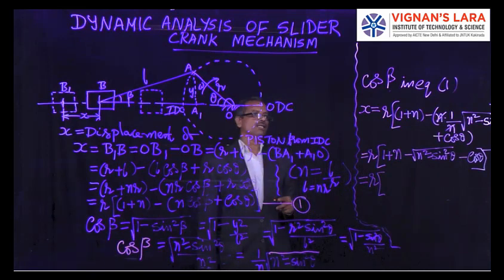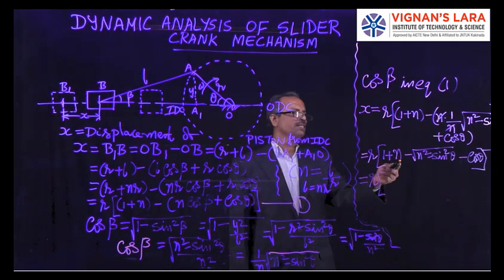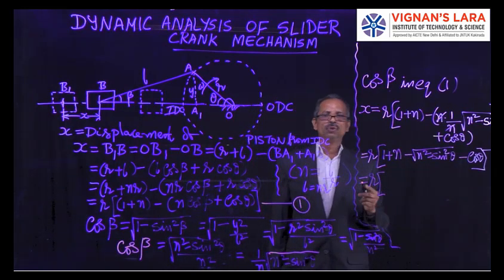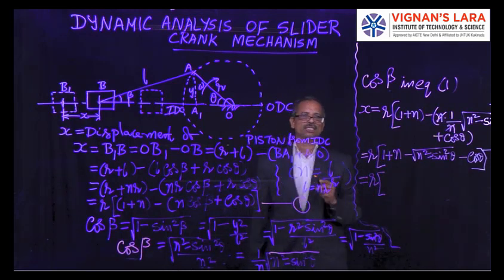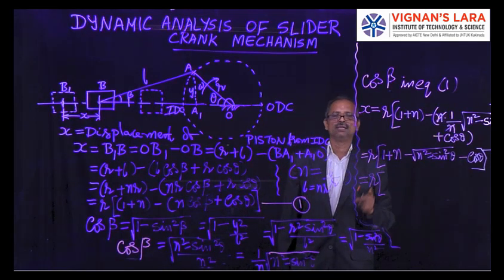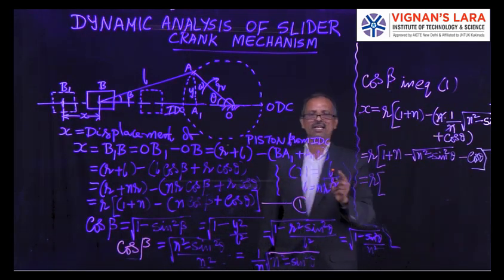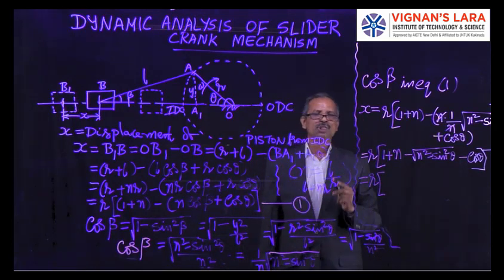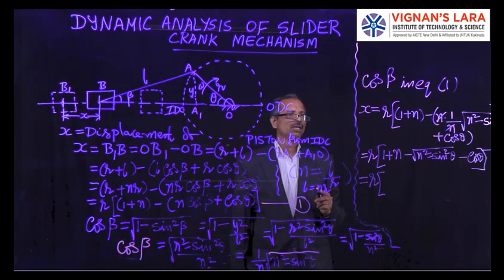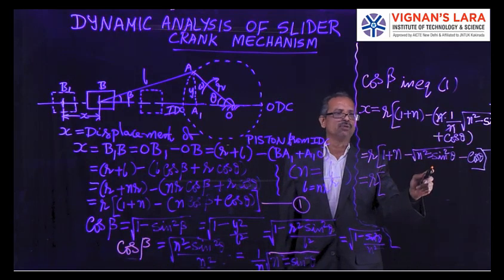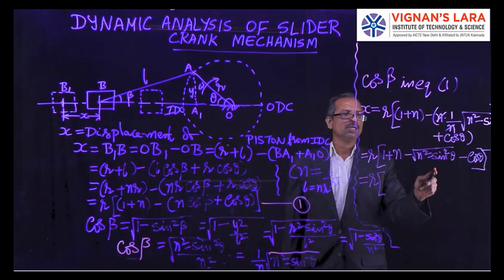If I look at the values of n and theta, you are aware the maximum value of sine theta is 1, where n is the ratio of L by R, which is a larger value. Compared to n square, the sine square theta value is small.